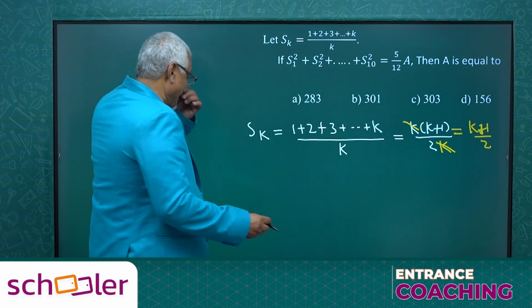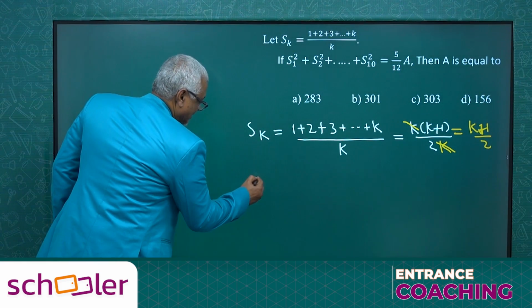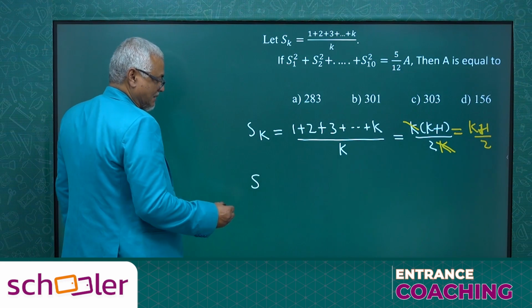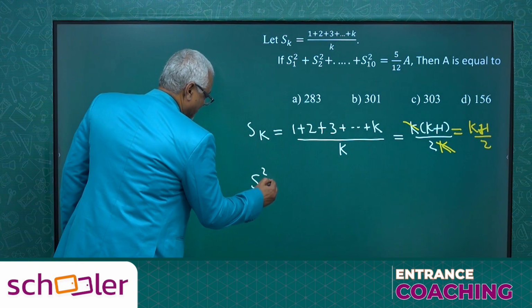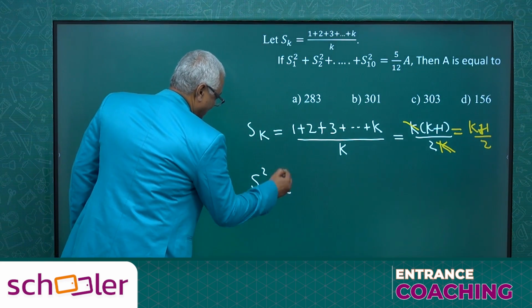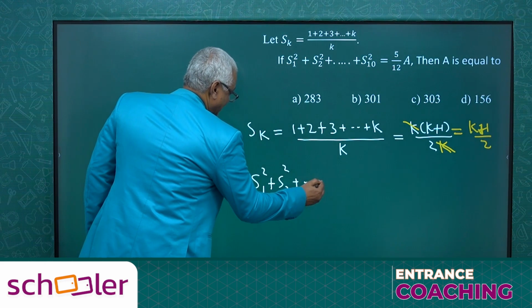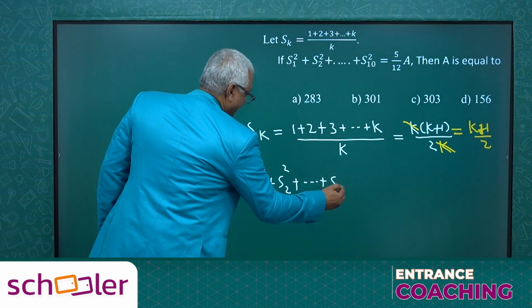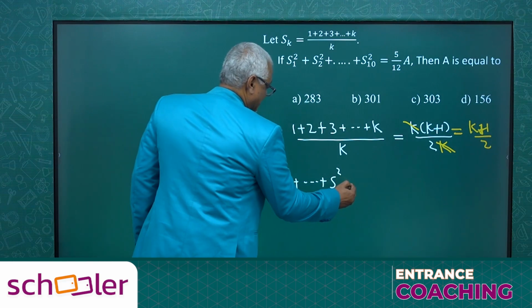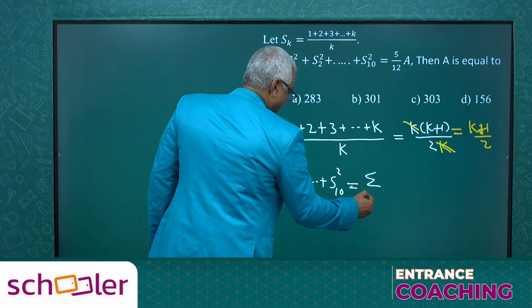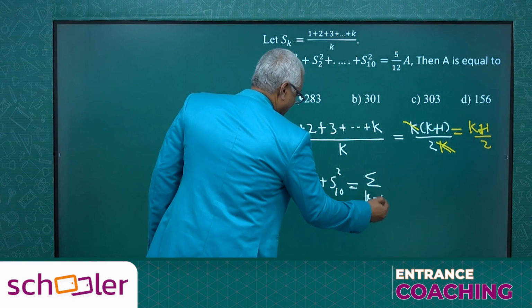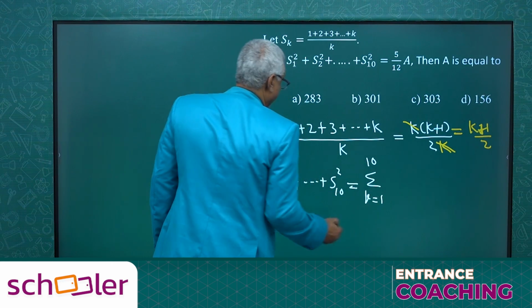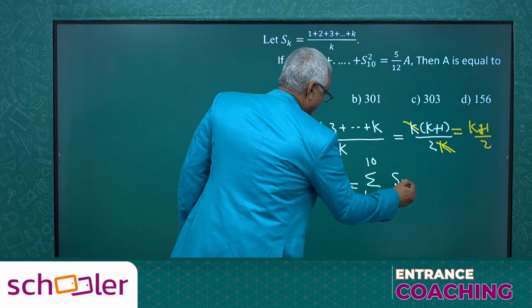And we have to find the sum s1 square plus s2 square plus etc. plus s10 square. This is actually sigma k equal to 1 to 10 Sk square.